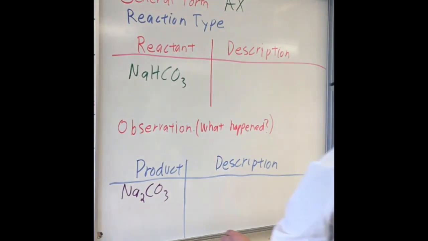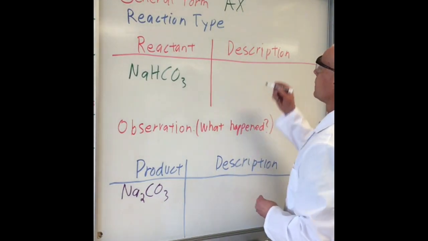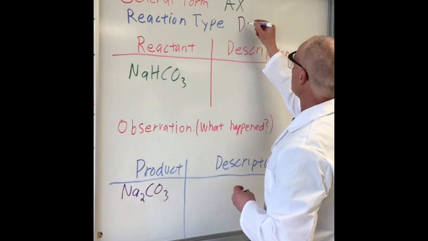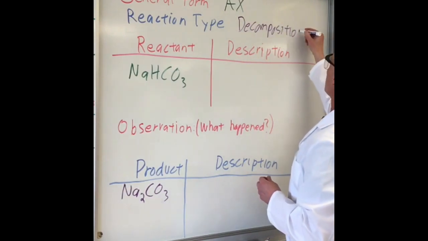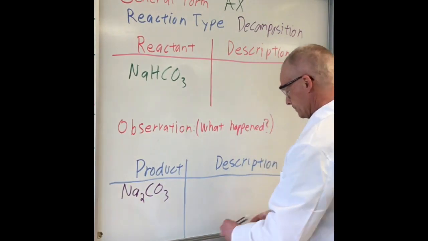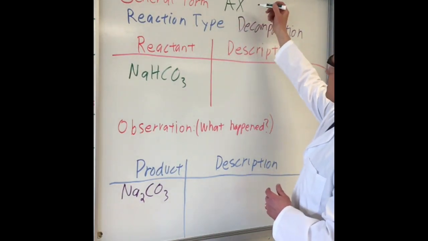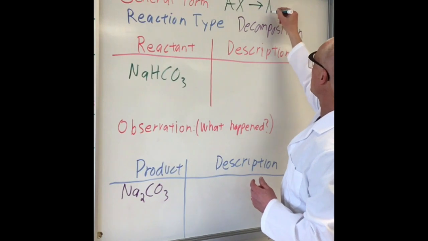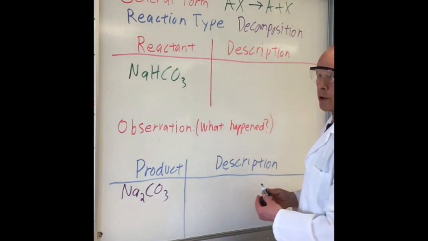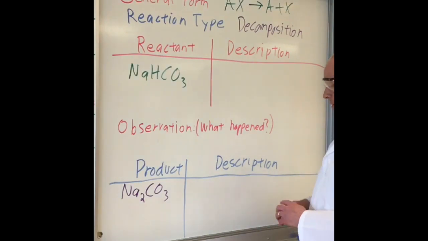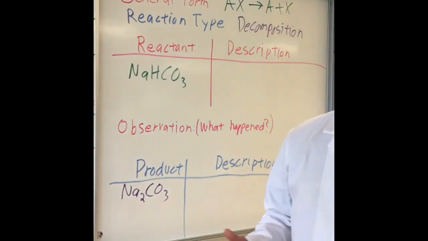So where it says reaction type, we will write decomposition. And we know that the general form is AX reacts to form A plus X. So we are going to have 2 or more products when we do this reaction. So let's go ahead and do the reaction.